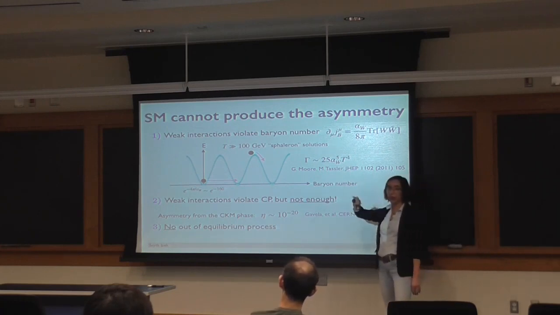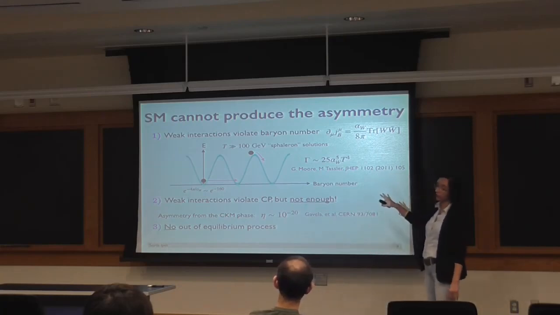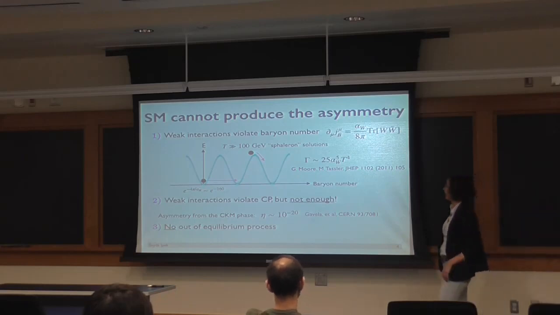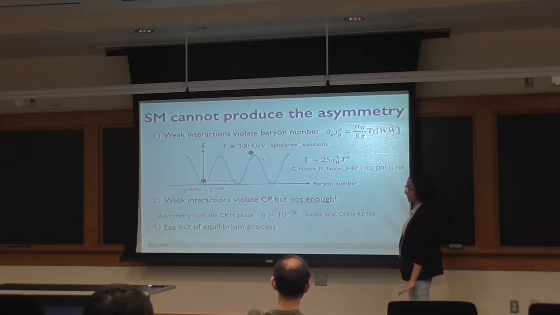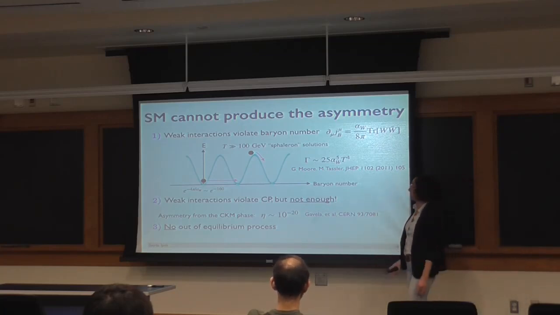So at high temperature, the standard model is actually very efficient at violating baryon number. Even at zero temperature, baryon number is not violated, which is good because the baryon asymmetry can be produced just at the very early universe when the temperature was higher.